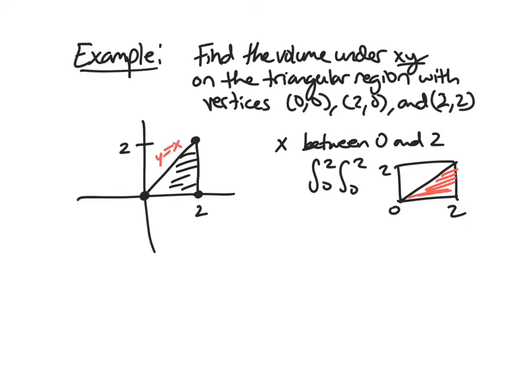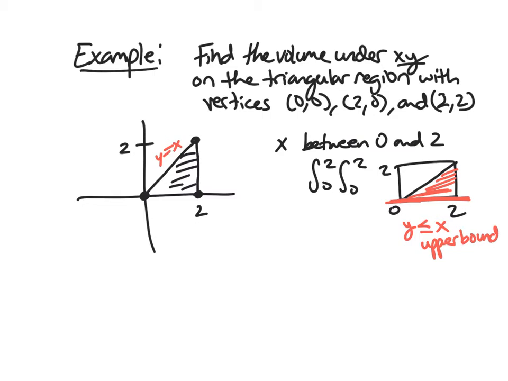And so in the shaded region, our y values aren't hitting everything between 0 and 2 this whole time. We're limited to the fact that y is below the line y equals x, so y is less than or equal to x. And so this gives us our upper bound. So we look at the y value below and we see, okay, this is my floor.